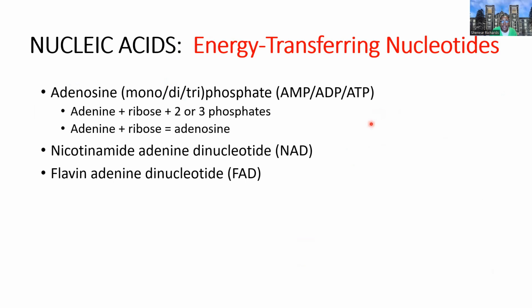Another example of nucleic acids are energy transferring molecules or energy transferring nucleotides. There are several examples here. Essentially, these molecules help to transfer or shuttle energy around. If you think back to the law of thermodynamics, where energy is never created, energy is simply transferred from one form to the other.